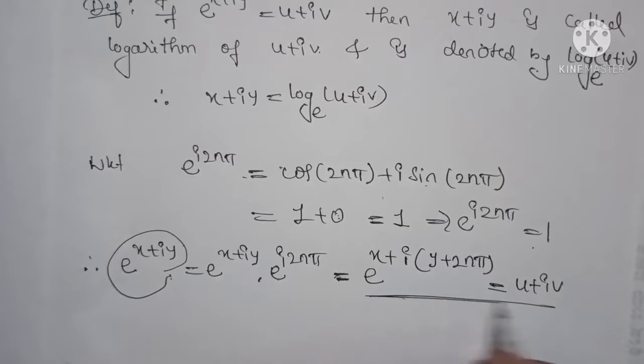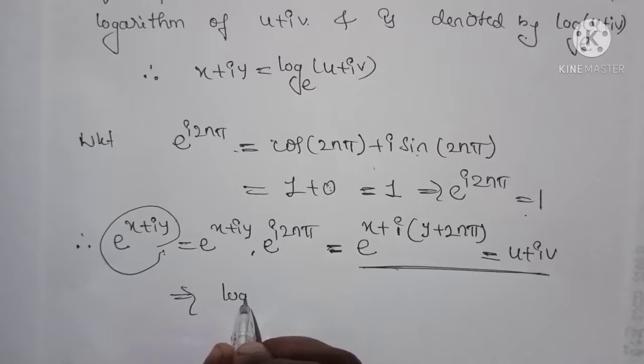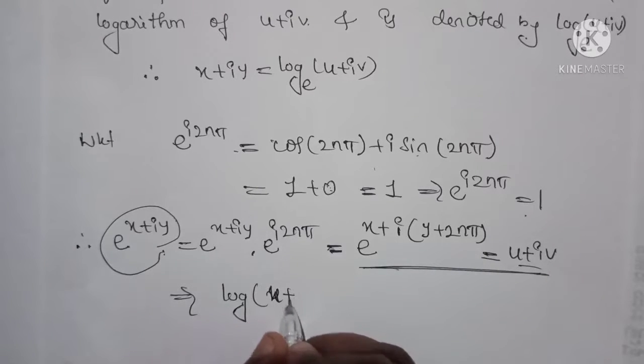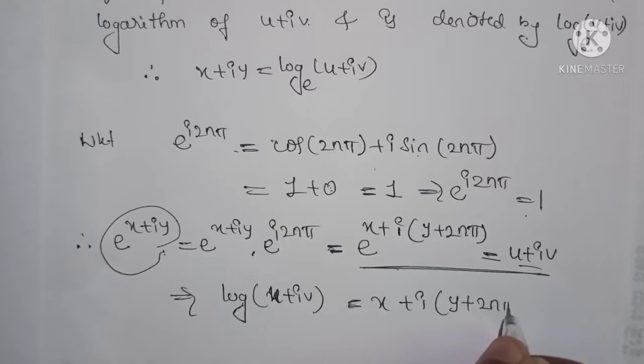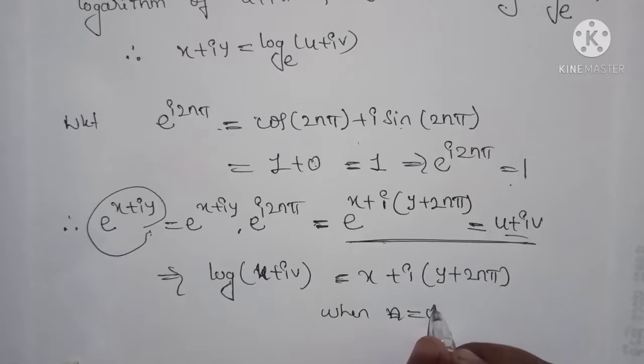So that means on considering these two we can say that log of u plus iv is equal to x plus i into y plus 2n pi, where n equals 1, 2, 3 and so on. n may take the value 0 also: 0, 1, 2, 3 and so on.